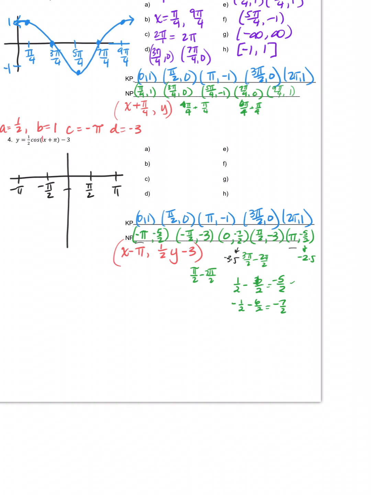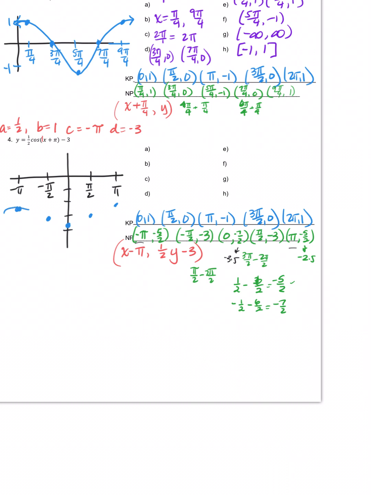So I'm going to go down to -4. And then I can plot my points. Okay, so -pi at -2.5. -pi over 2 at -3. And then we go to 0 and then -3.5. Pi over 2 at -3. And then back positive pi at -2.5 again.